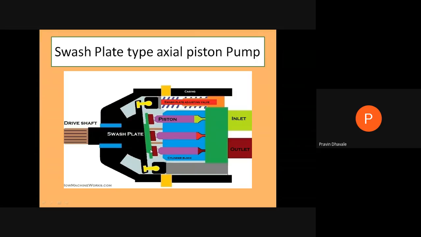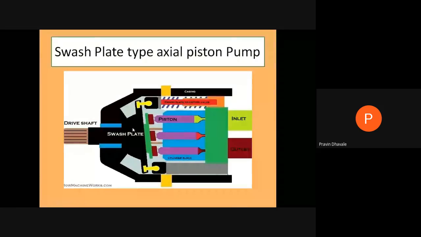By changing the angle of the swash plate, we can change the discharge from the pump. Instead of having inclination in this direction, we may provide the inclination in the other direction. But by changing the inclination, we may decrease the discharge from the swash plate type axial pump.